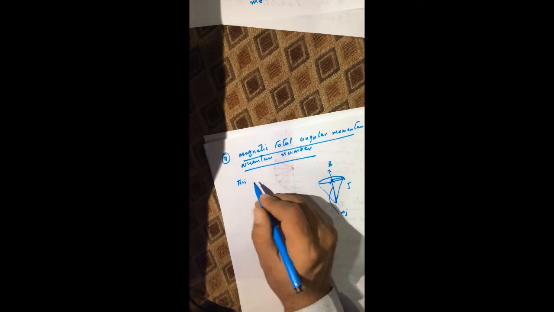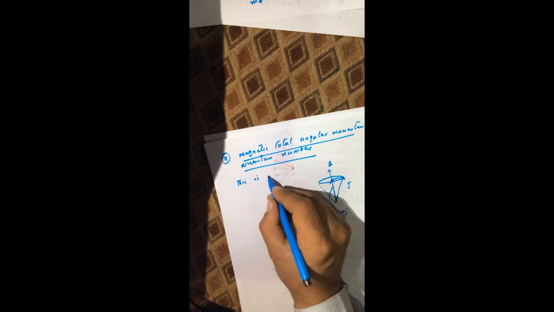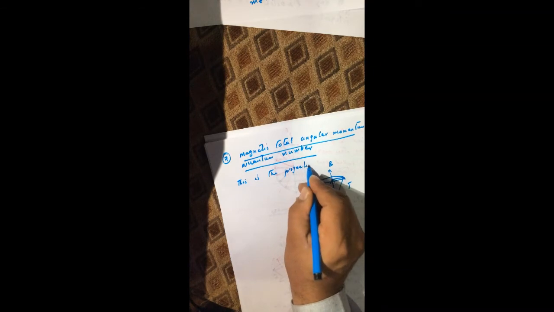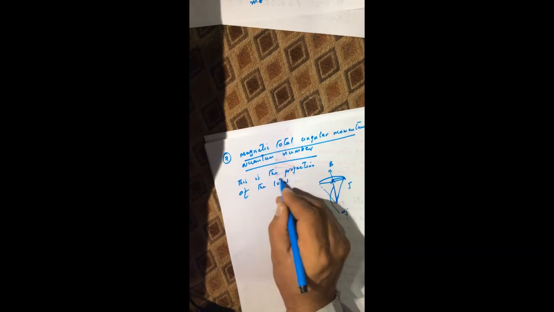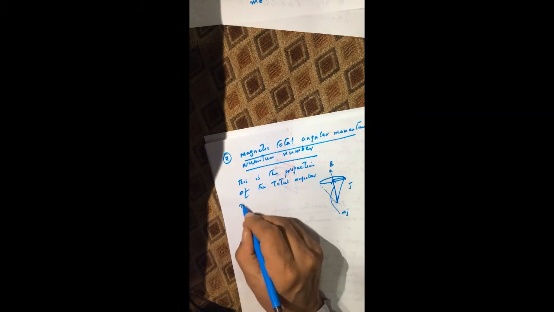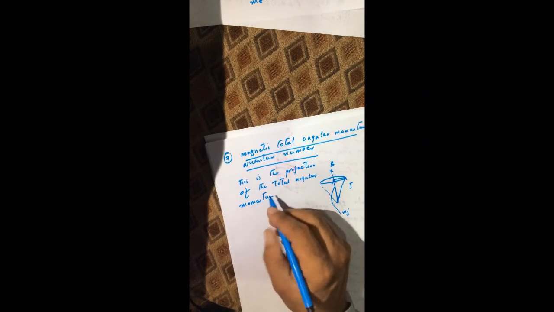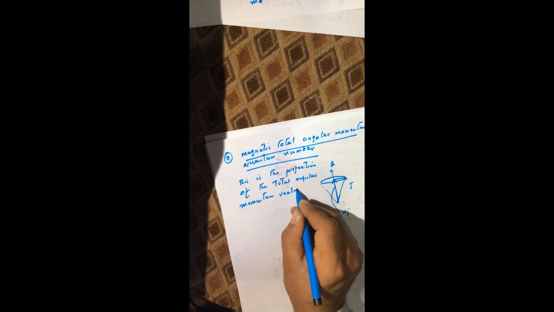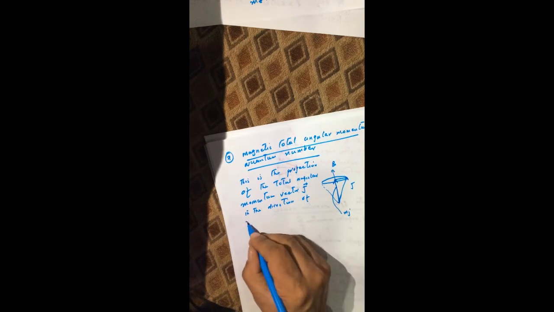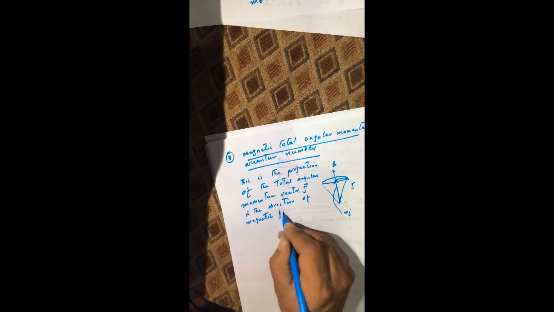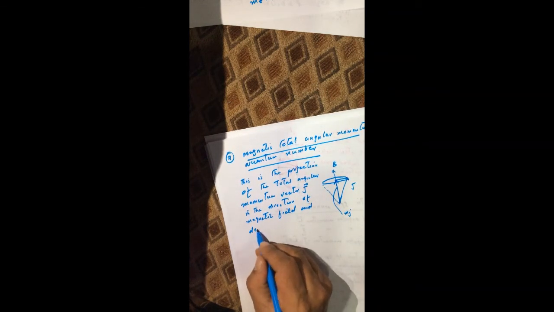So this is the projection of the total angular momentum vector J in the direction of the magnetic field, and it is denoted by mj.